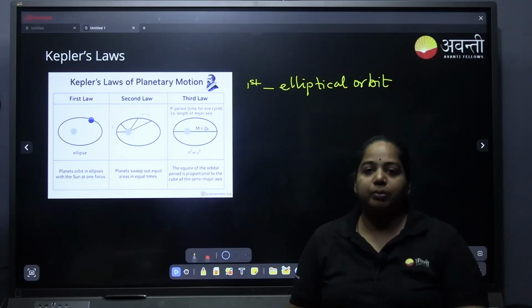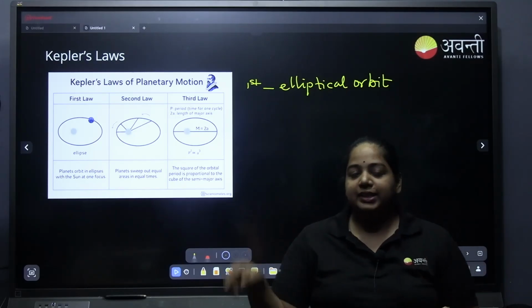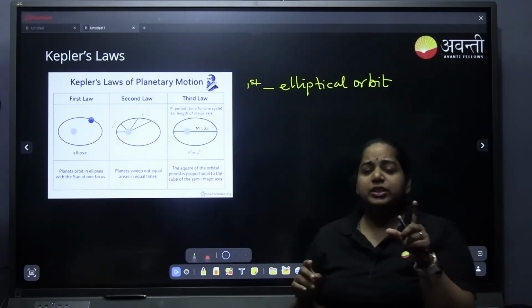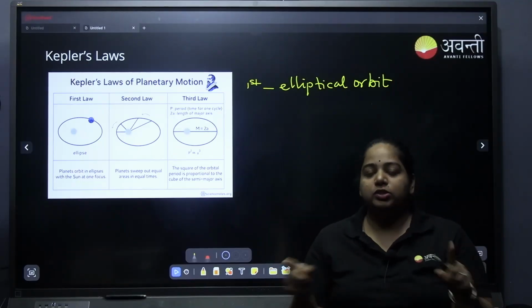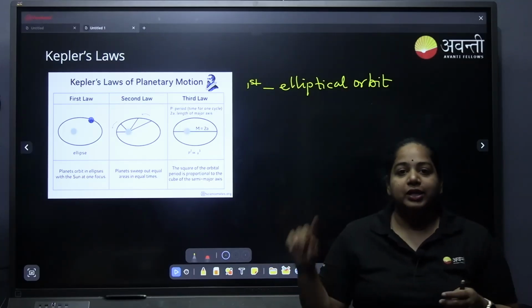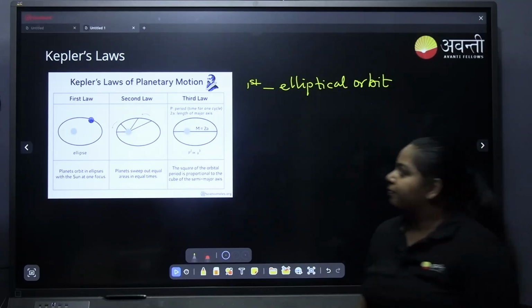All planets are orbiting in an elliptical orbit with the sun present at one focus. Since you already studied conic sections, you know that there are 2 foci for an ellipse. Circle has one center, an ellipse has 2 foci. In one focus the sun is present. That is the first law of Kepler.